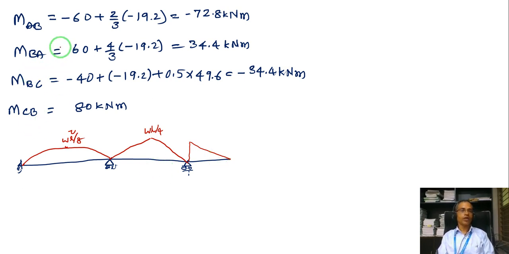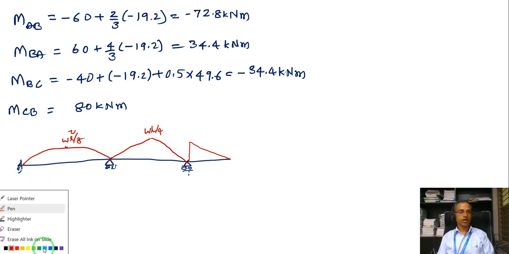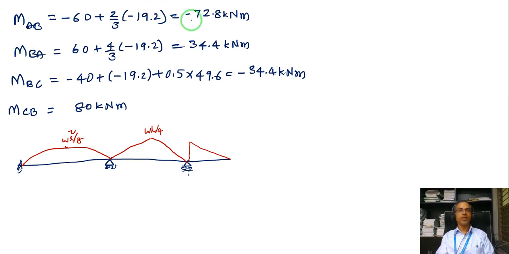So now, what are the end moments? MAB is minus 72.8, so this is the moment at A. At B it is 34.4, so almost half of this.